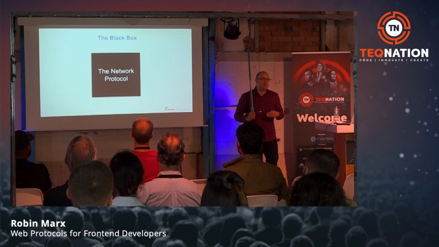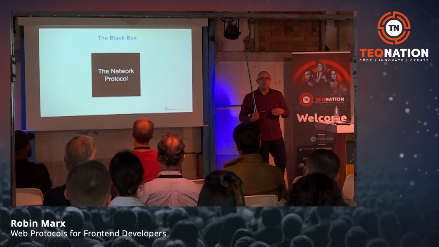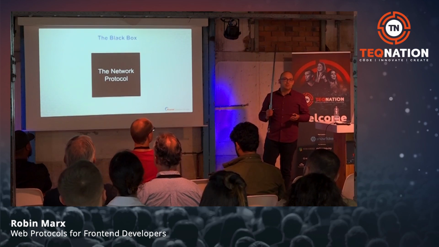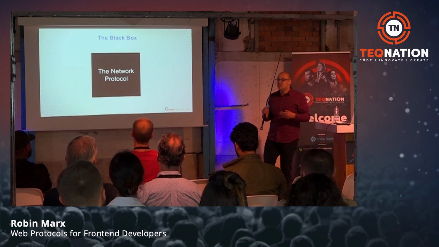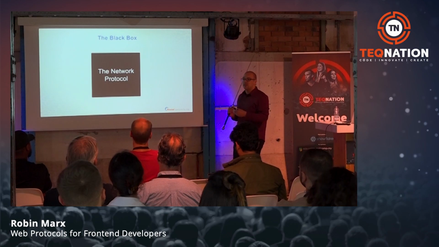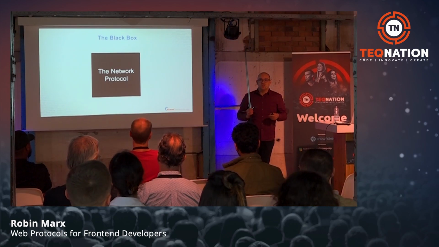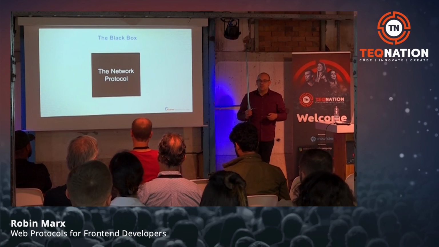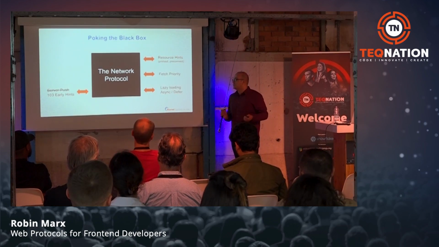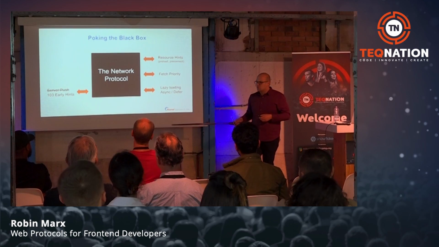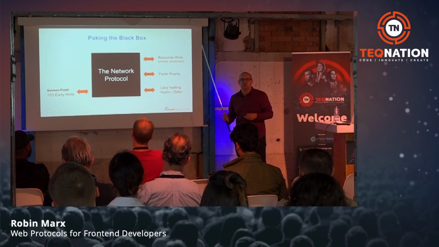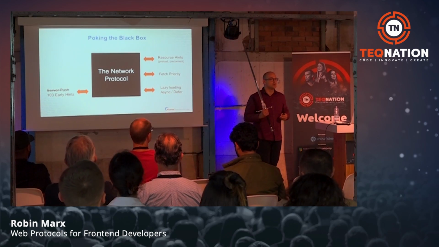So what this means is that we can, and we also do, treat the network kind of as a black box. You don't really need to know what's in there, how it works, to get most of the benefits. That's a good thing. It's also a bad thing, because sometimes, just sometimes, you do want to poke that black box just a little bit, to tune a bit what the protocols are doing.